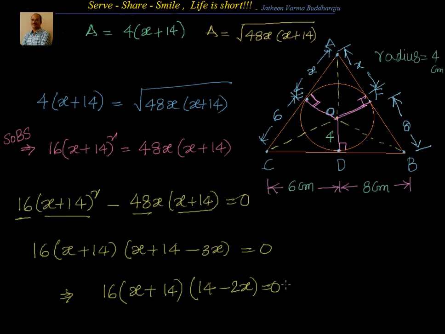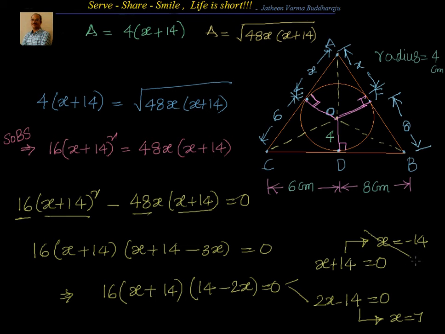This tells me that x plus 14 equal to 0, or 14 minus 2x equal to 0. This will give me x equal to 7, and the first equation will give me x equal to minus 14. But this cannot be negative, so that's ruled out.